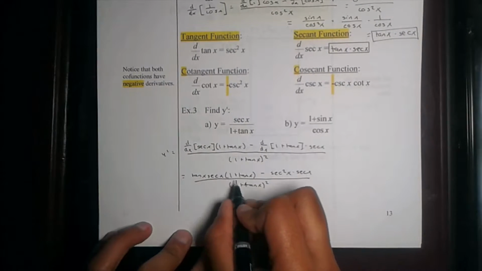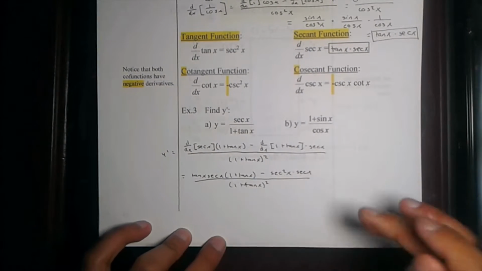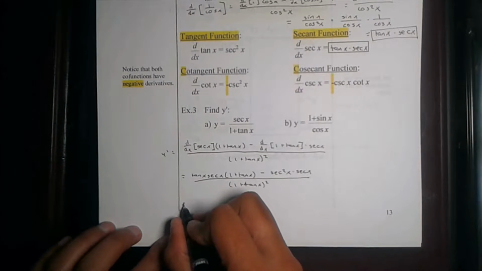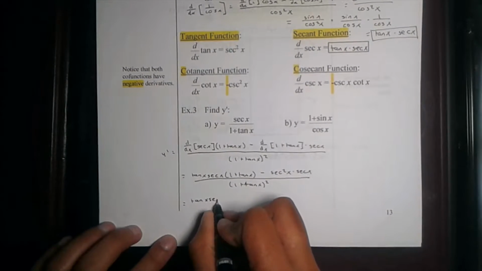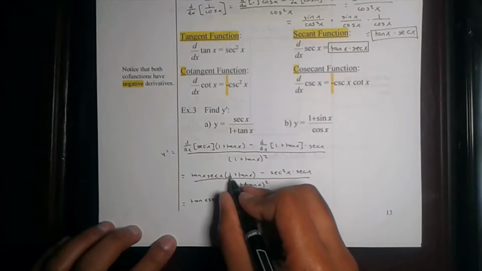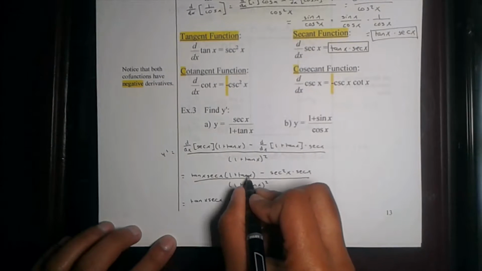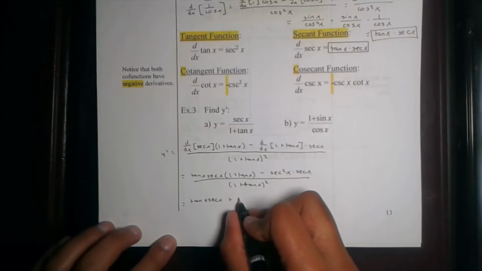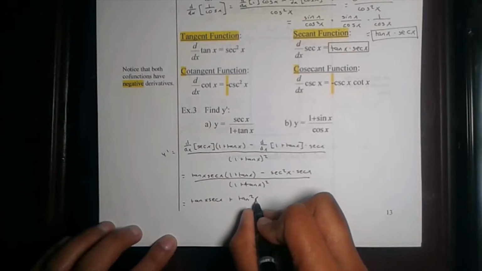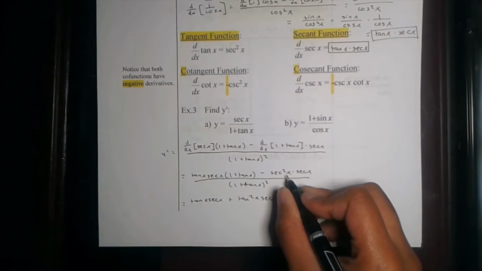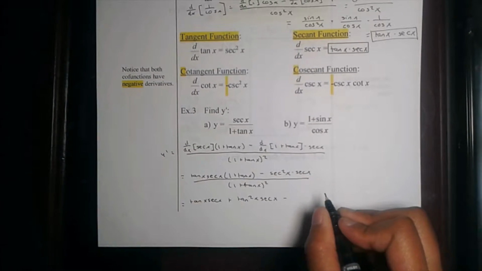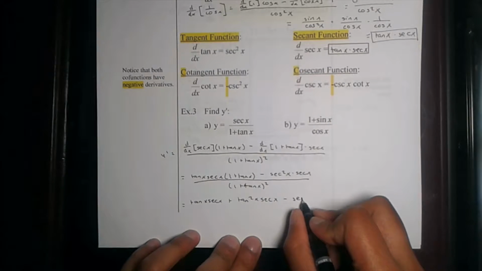So the next thing you do is simplify the thing first. So tangent x secant x times 1 is tangent x secant x, plus tangent x secant x times tangent x is tangent squared x secant x, minus secant squared x times secant x is secant cubed x.